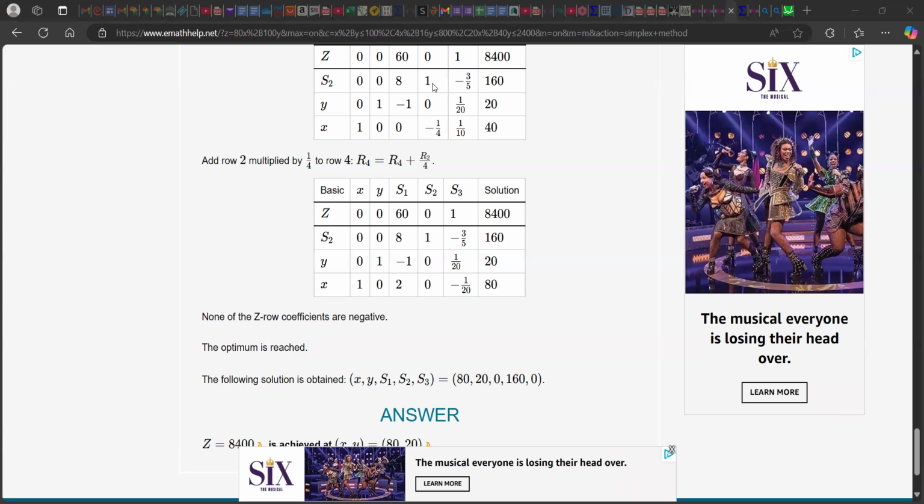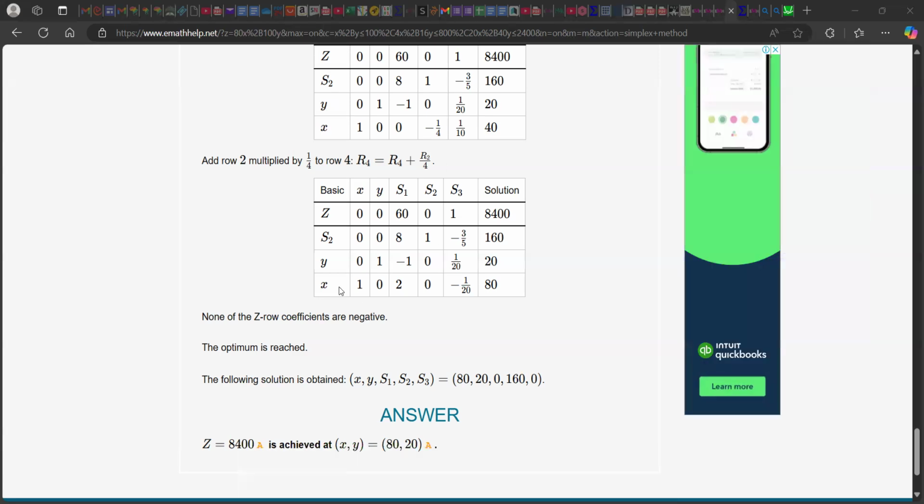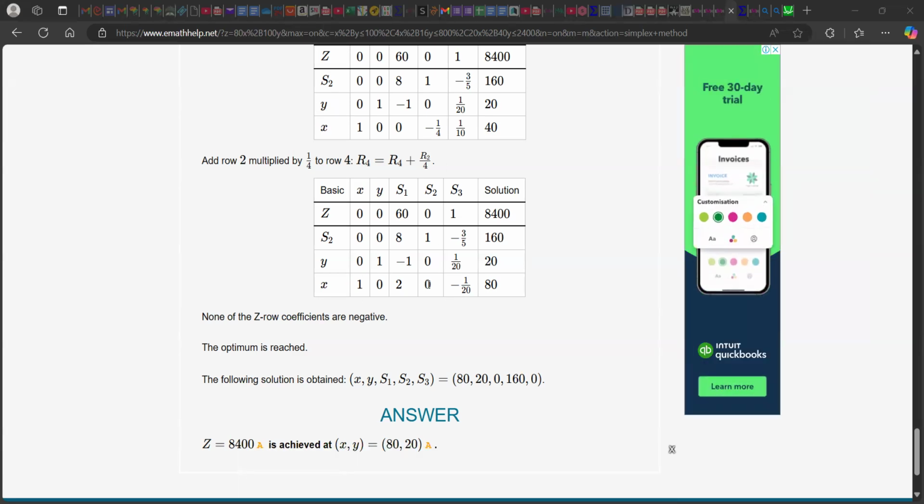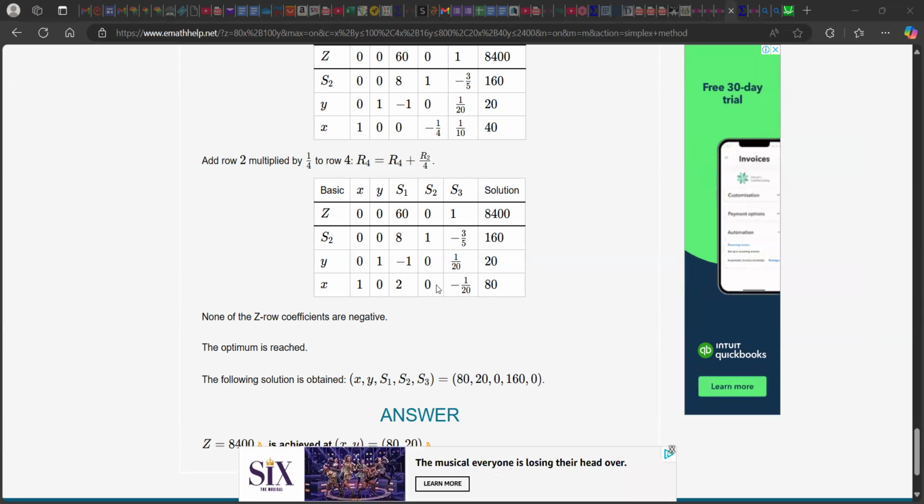And you see what happens. If you take 1 and divide it by 4, it will become a quarter. But you do it for every element. I'm just concentrating on this one. So you take 1, you divide it by 4, you get a quarter. A quarter plus a quarter will give you 0. And that's what they did here. They did it for every element. You just don't do it for this one. But you are looking at this particular element, this minus a quarter and this 1.